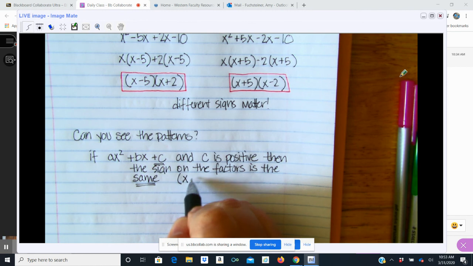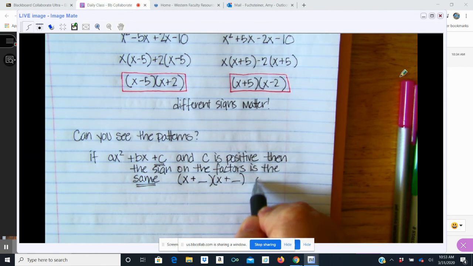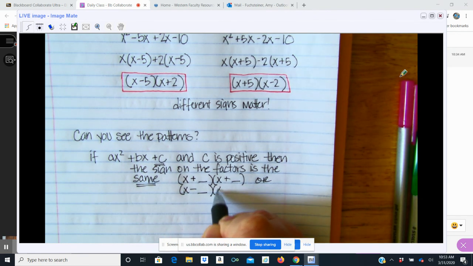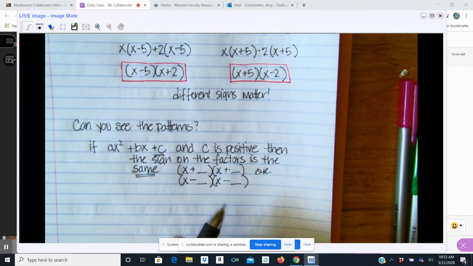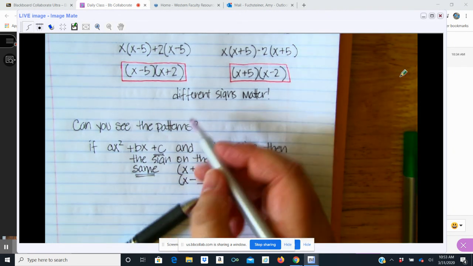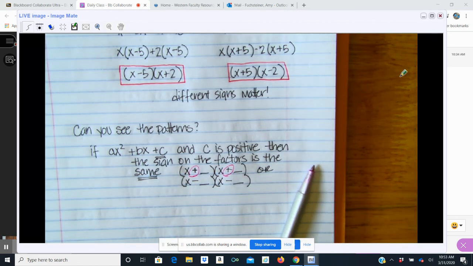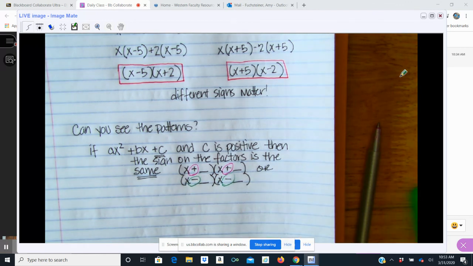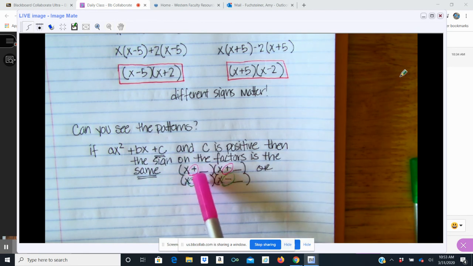In other words, it's got to be an x plus something, or it could be x minus something. But those signs, positive with a positive, negative with a negative, have to be the same. Because the only way you're going to get a plus c there is if you're multiplying a positive by a positive or a negative by a negative.